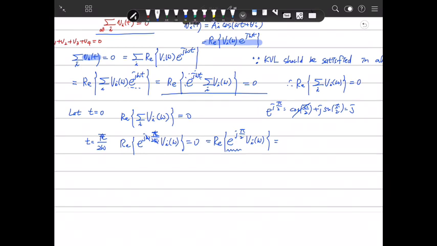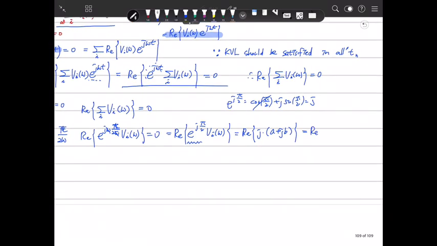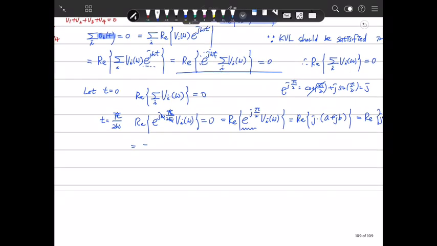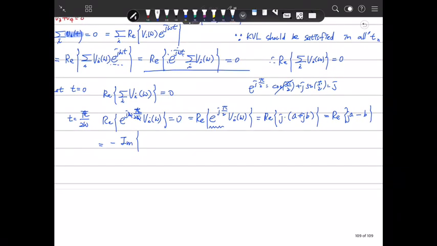This is the real term of j times Vi, and Vi is a plus jb in rectangular form. So there will be real of ja minus b. That will be the same as minus the imaginary part of the sum of Vi.